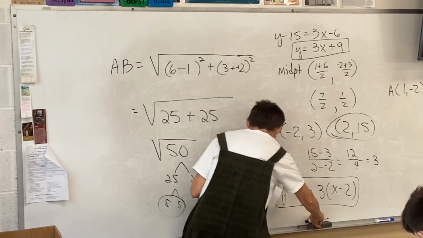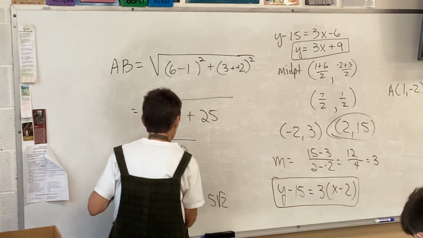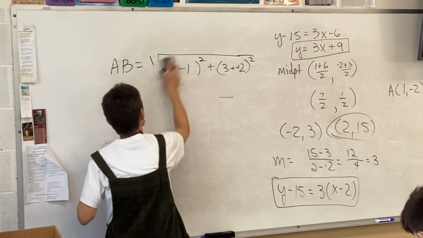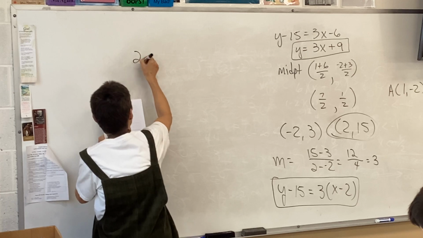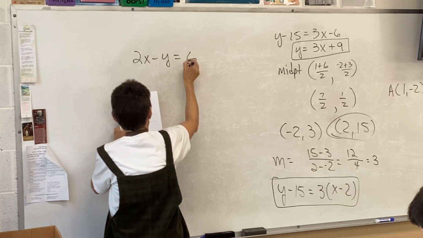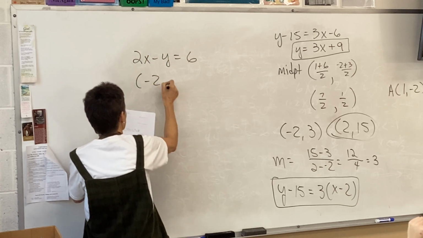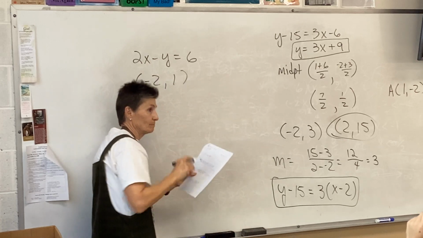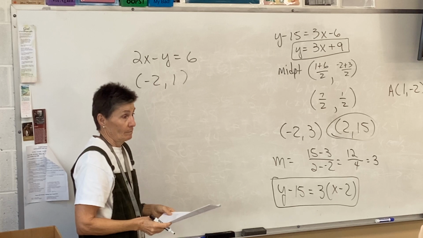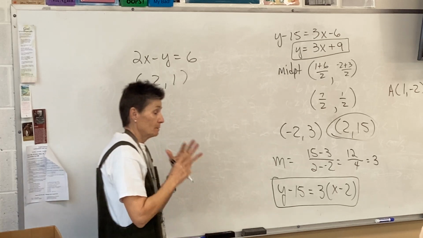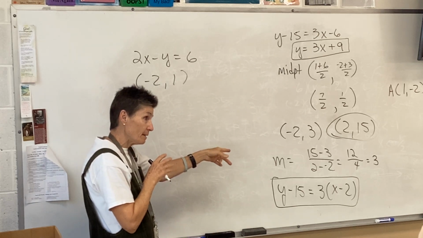Write the equation of the line perpendicular to this one and containing negative 2, 1. So think about the problem we just did.